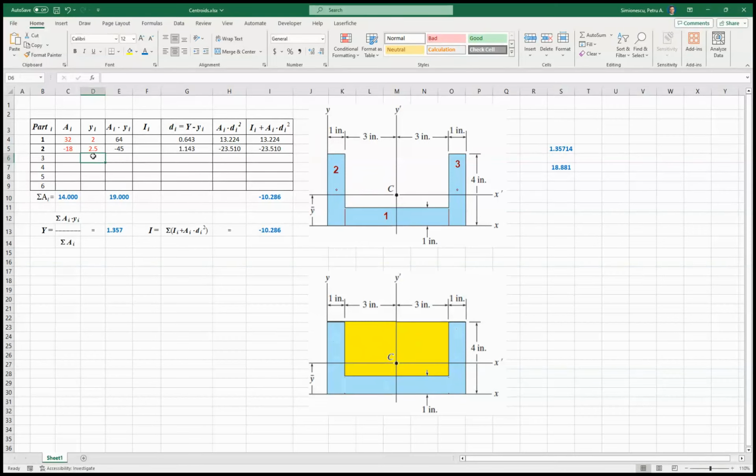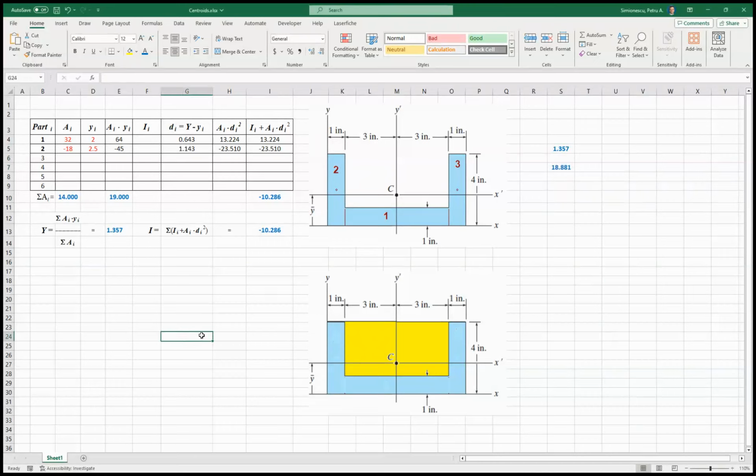Then we have the products, area times elevation y of centroid, and as you can see, we've got the same value. It's expected. Format cells, number only, 3 decimals.